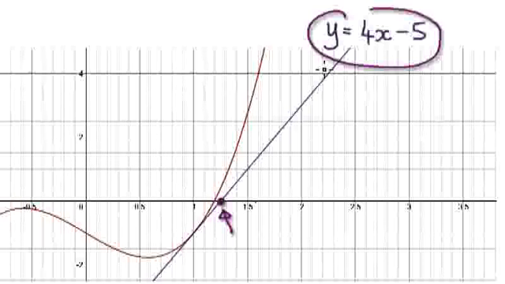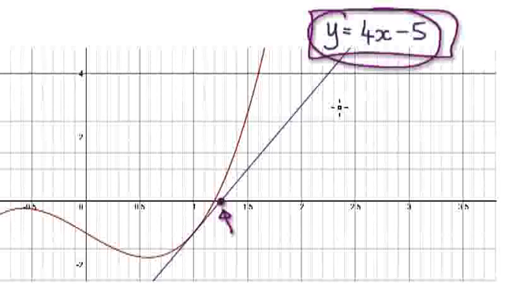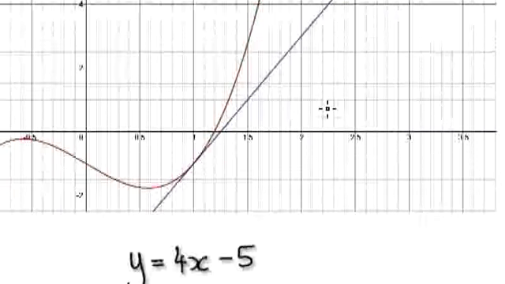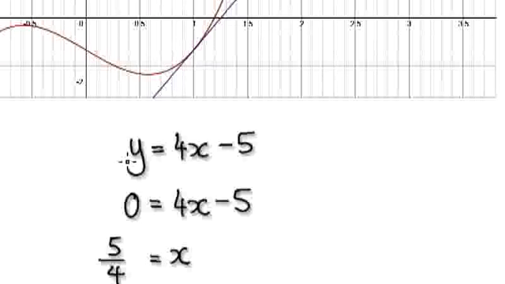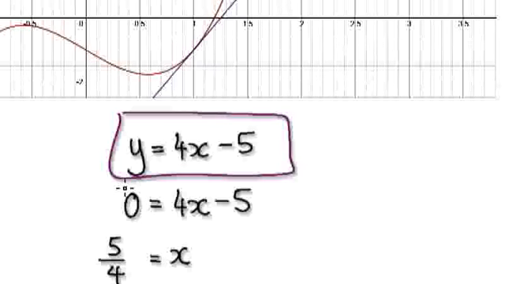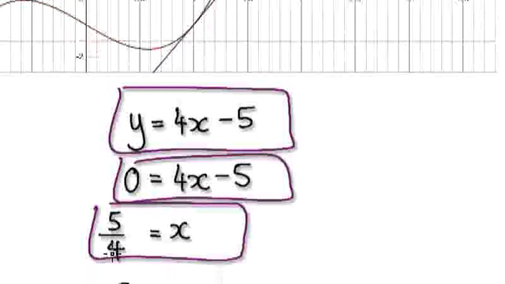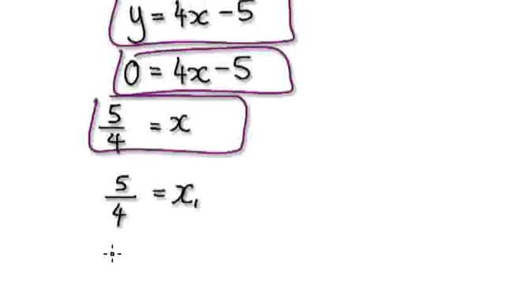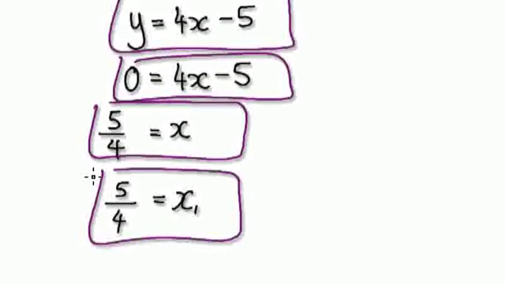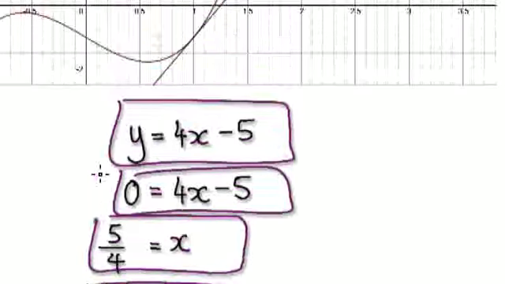This point will be when you set y to be 0. So set y to be 0, and x equals 5 over 4. So that's your x1 there.